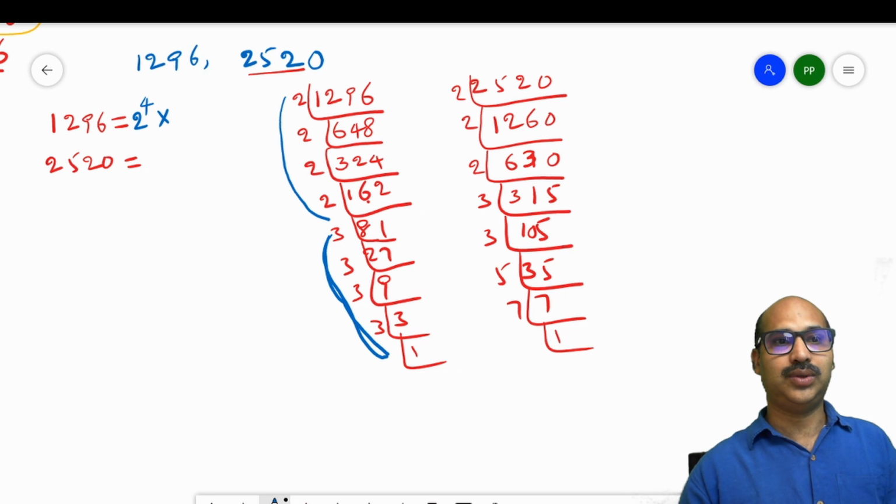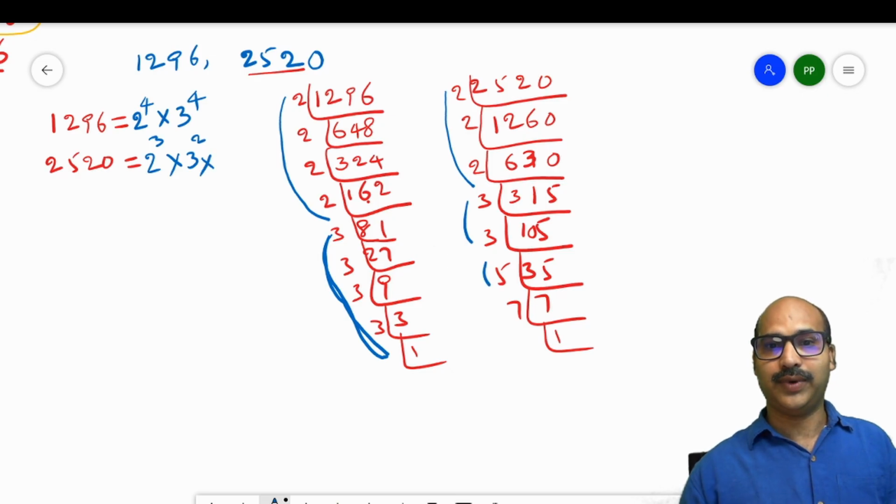So 2 power 4 into 3 power 4. In case of 2520, how many 2's do we have? 3. 2 cube into 3's are 2, 3 square into 1 5 and 1 7.